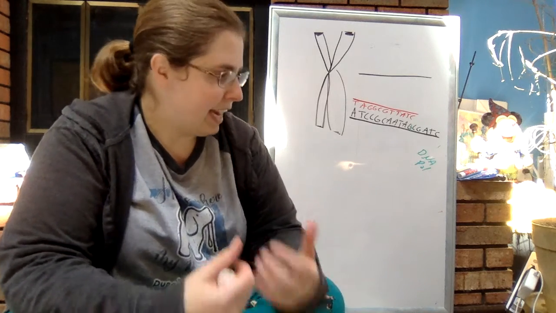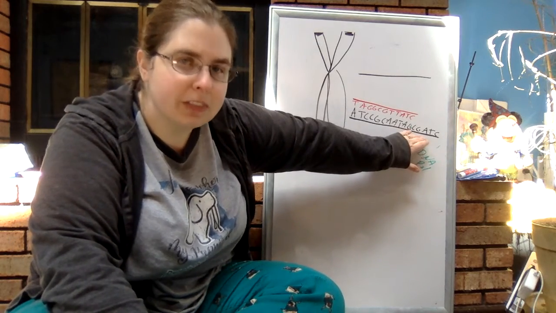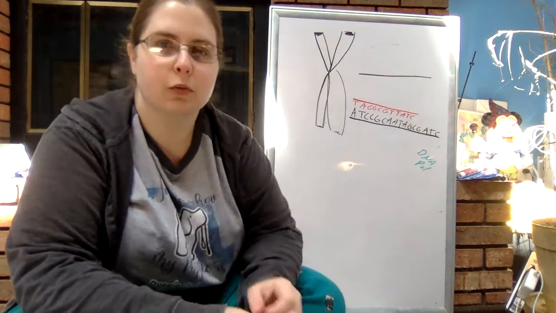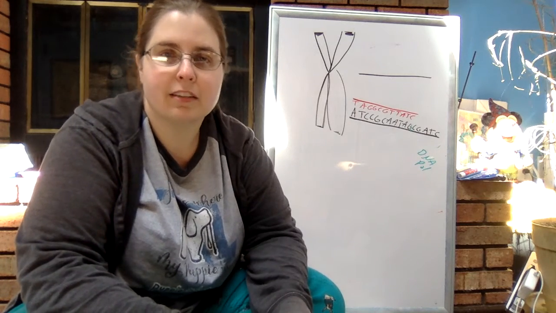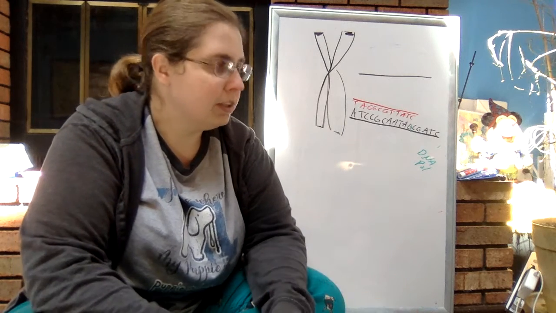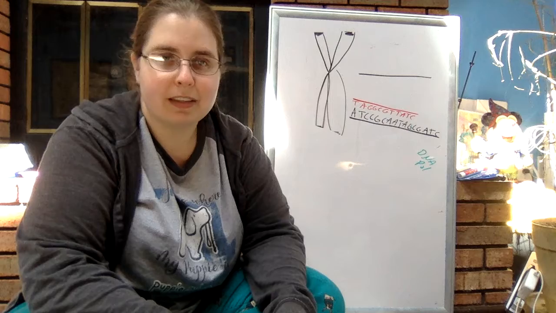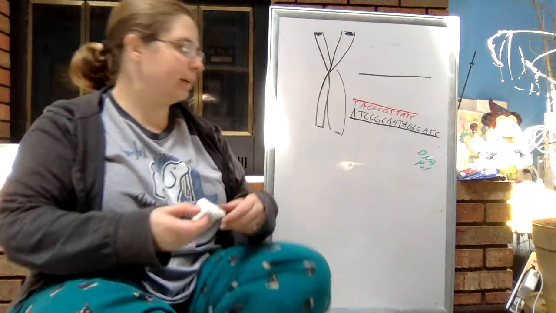So that when we can't build that last bit, instead of losing a part of a gene, we just lose some of these repeating sequences. This way, all the genes are still intact and they can still be expressed normally. So those are what we call telomeres, the ends of the chromosomes, and they do tend to shorten over time.